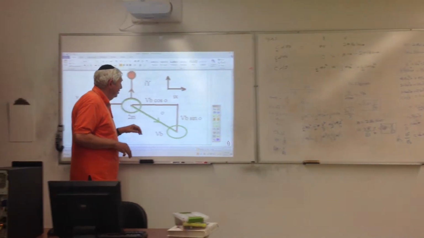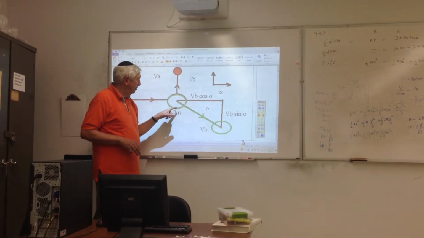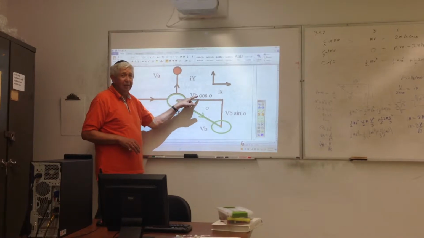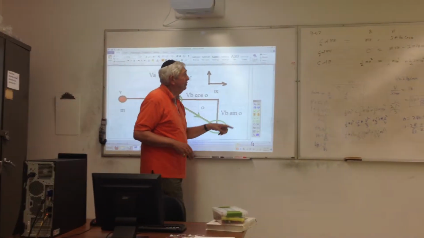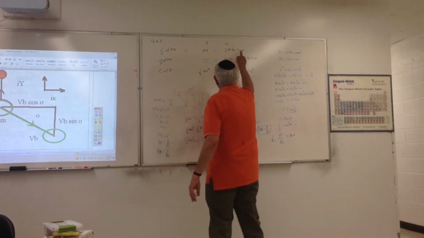After the collision, we have this particle, mass 2m, vb cosine theta. So the first equation is mv equals 2m vb cosine theta.